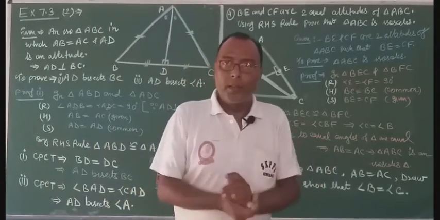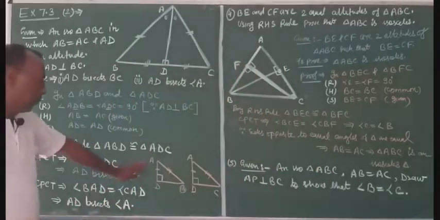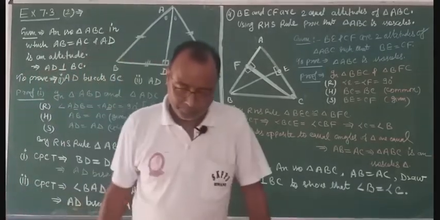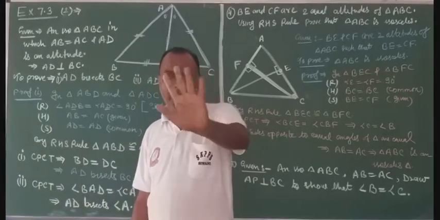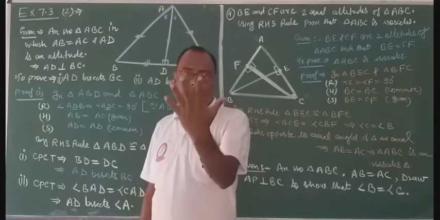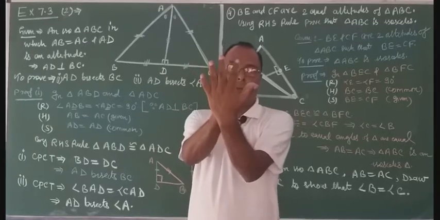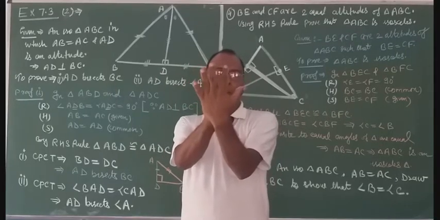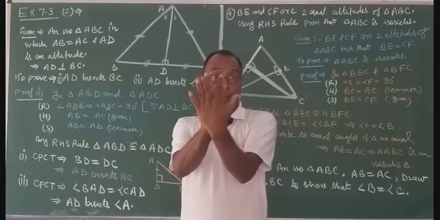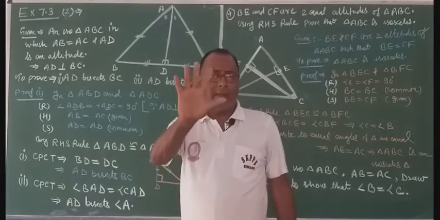Now just look at CPCT. We have drawn this triangle. Now what will happen? Just look at my hands. Look at these fingers. 5 fingers are this and 5 are this. Now if I put this hand like this, we observe that the fingers overlap each other. It means this is the same hand and this is the same hand.